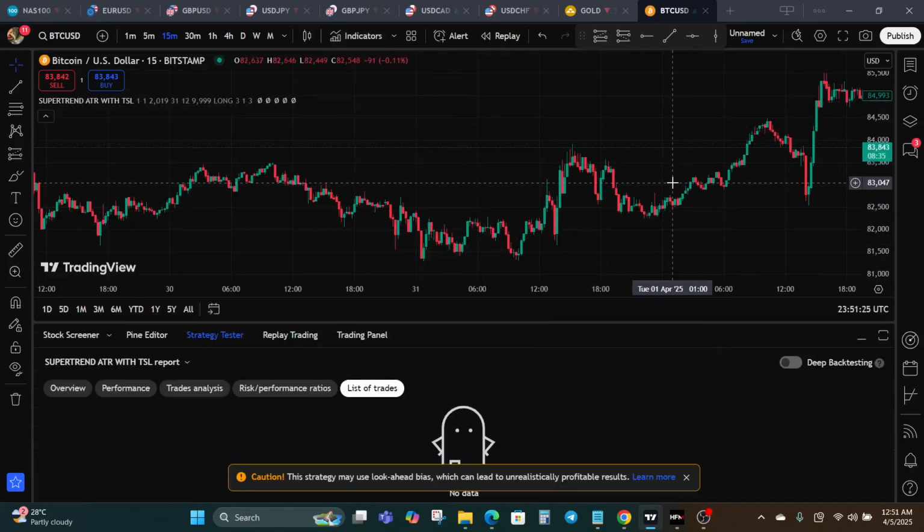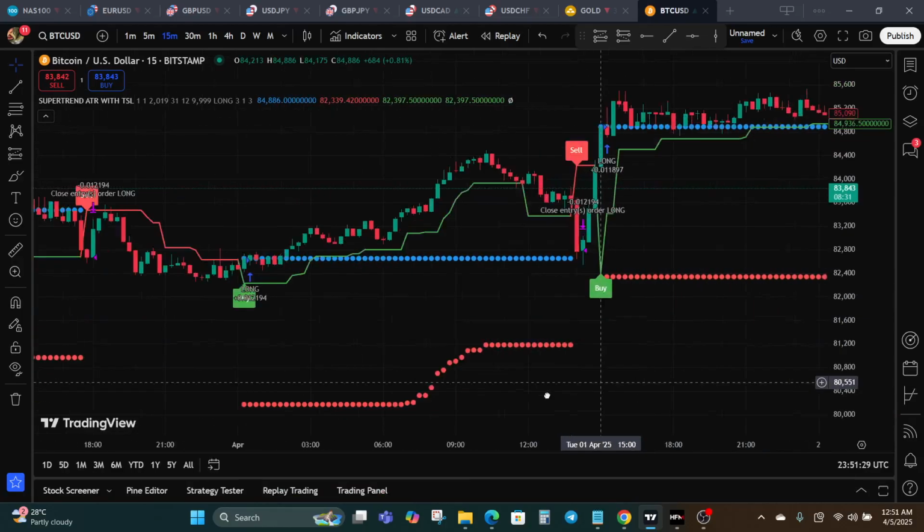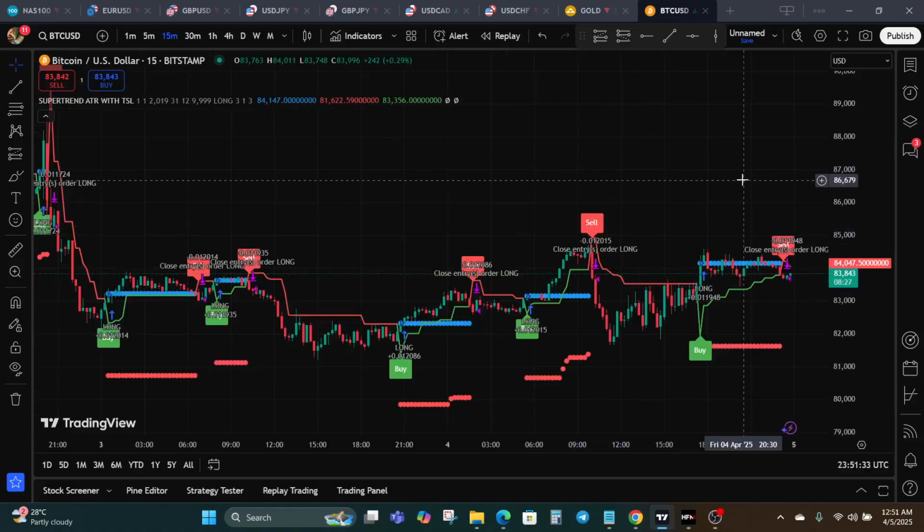Now, the Super Trend is a classic indicator, but when combined with the average true range, it filters out weak trend signals and helps you focus only on the moves that matter.